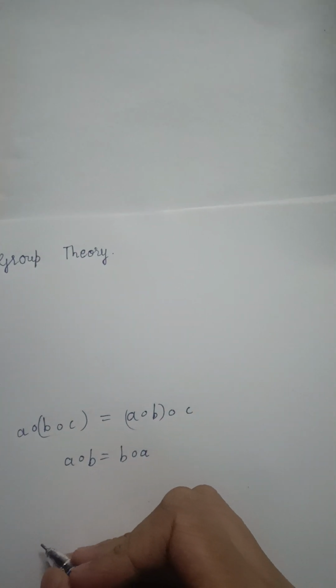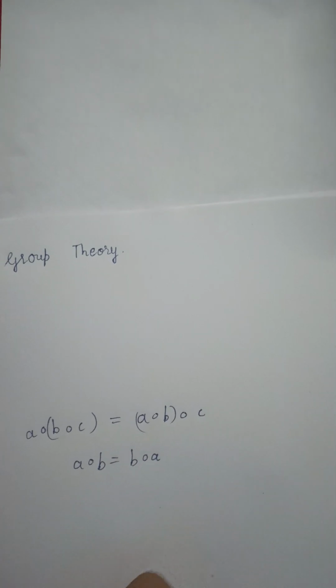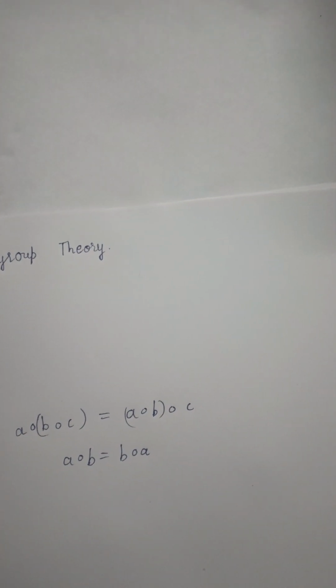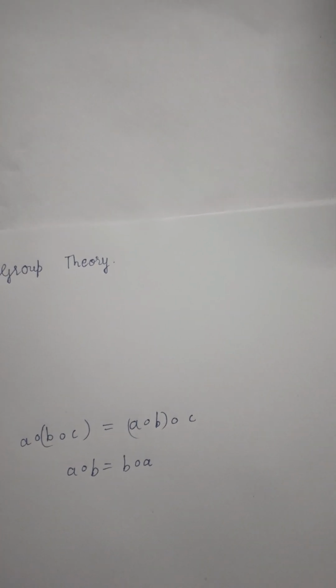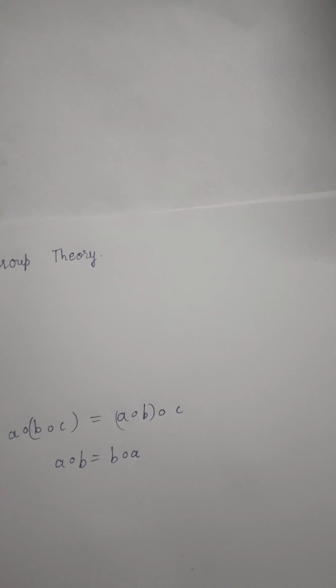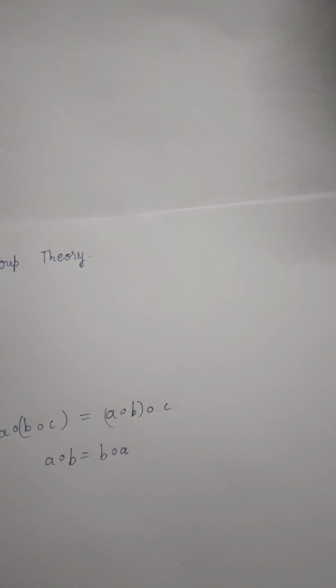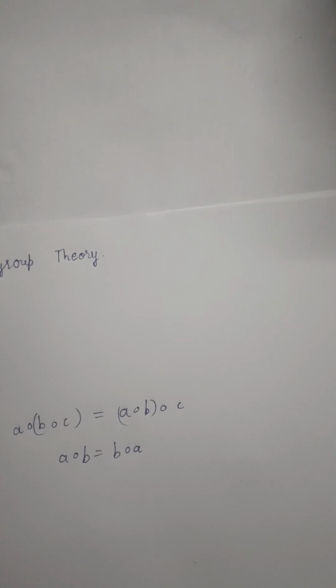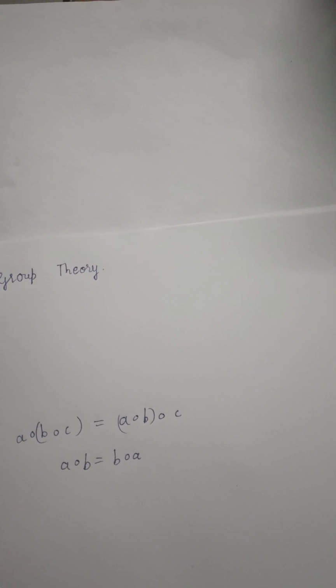This property, as you are very well familiar, is called the commutative property. But we will see that in mathematics this is a stronger property compared to associativity, and it is not satisfied by all the groups.